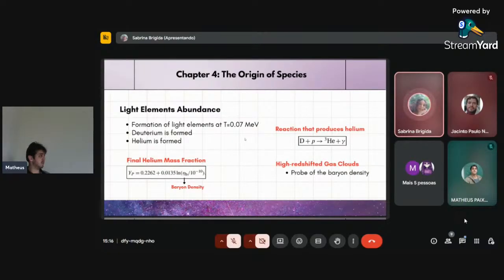But not all deuterium will be transformed into helium. We can still, even today, measure deuterium in very cold clouds.